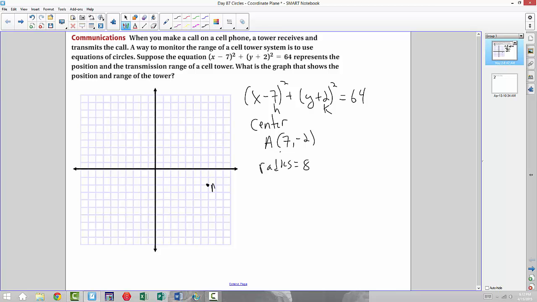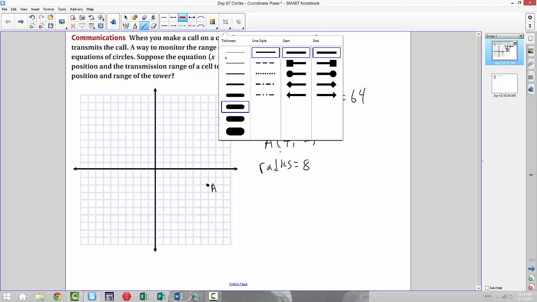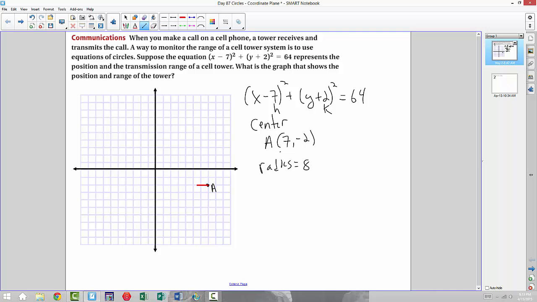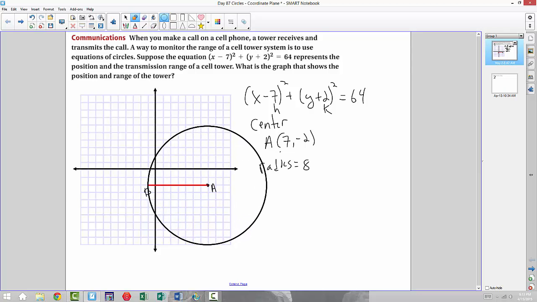So there's point A. And I have a radius of 8. I go over 1, 2, 3, 4, 5, 6, 7, 8. There's a radius of 8. So from A to B is my radius, so now I can draw on my circle with center at A and radius of B. There we go.